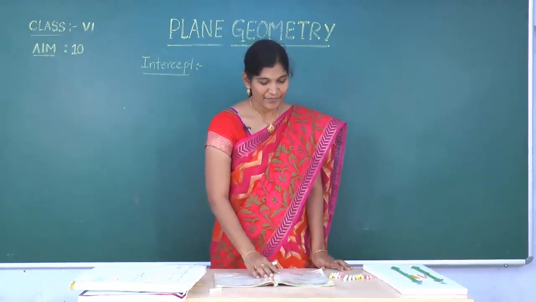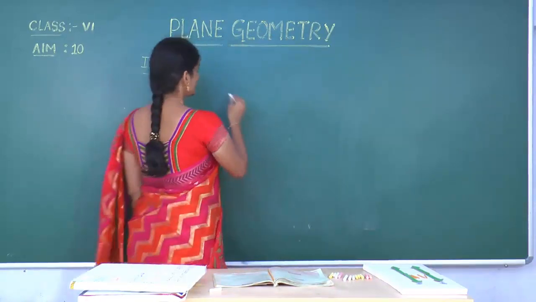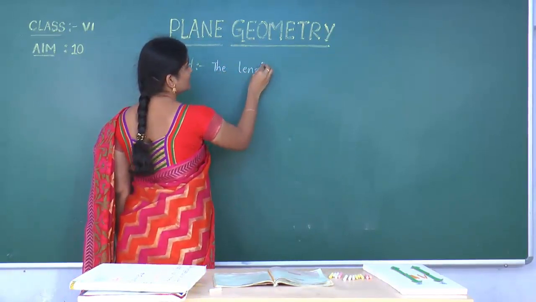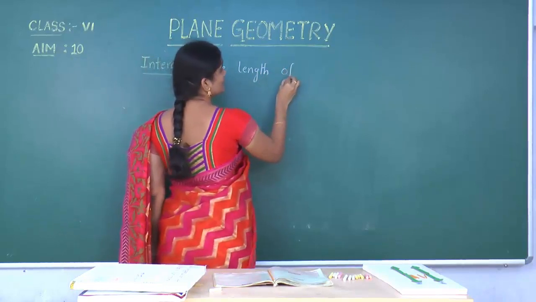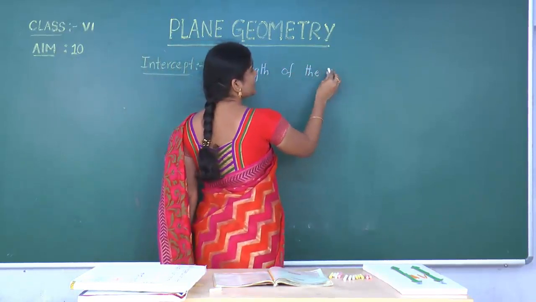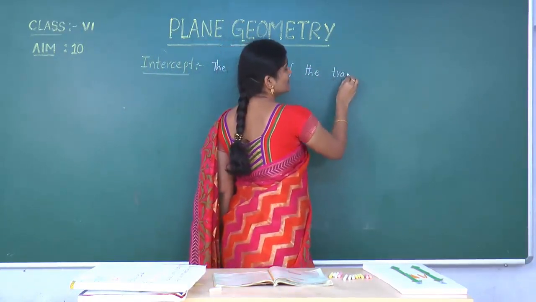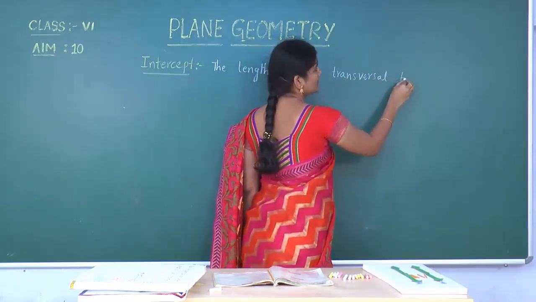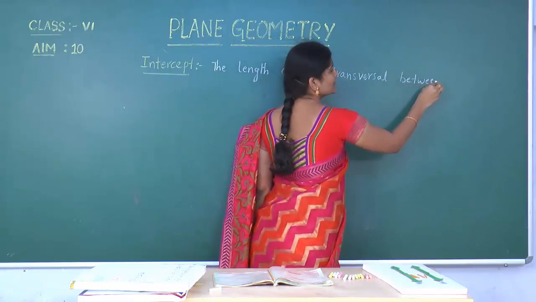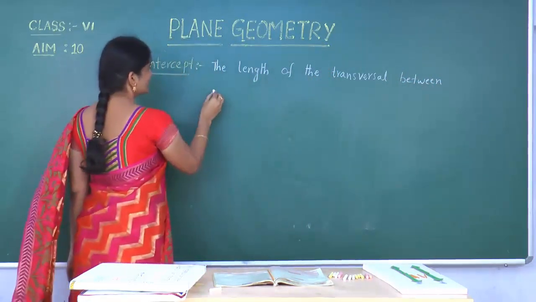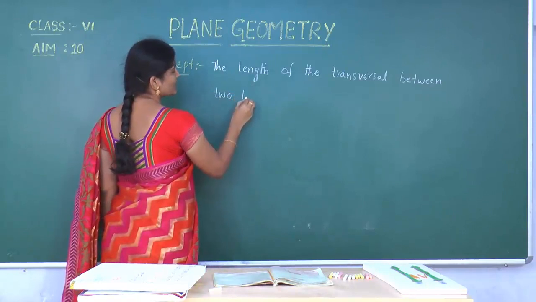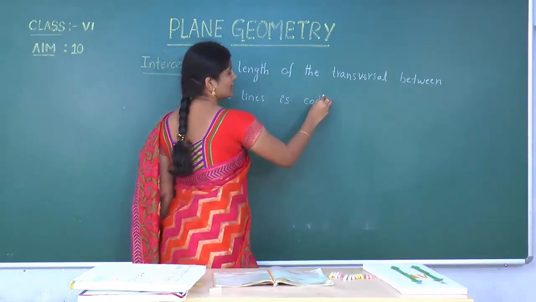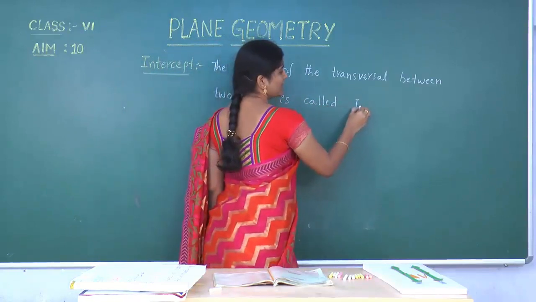I am repeating, the length of the transversal between two lines is called intercept.